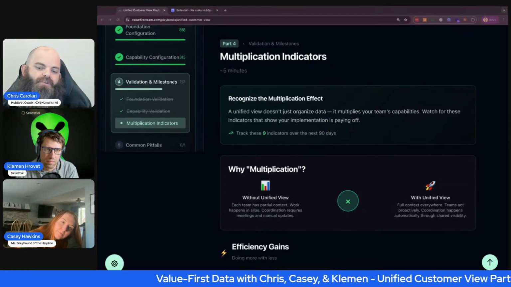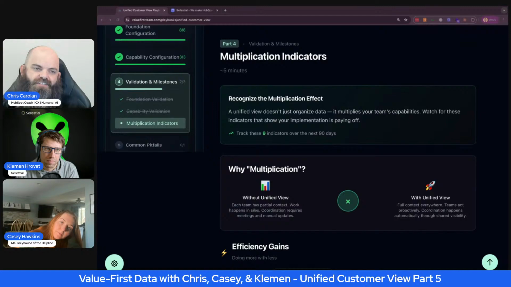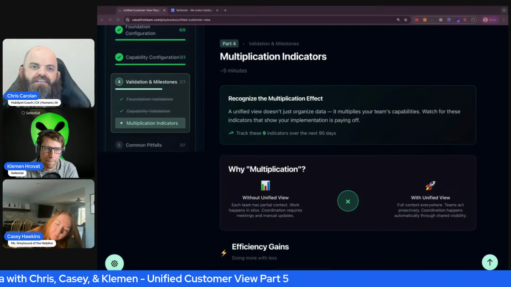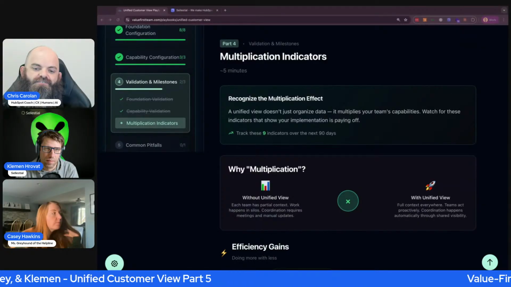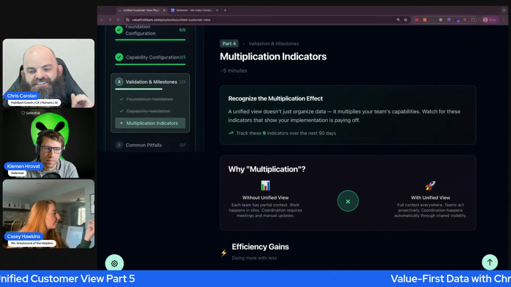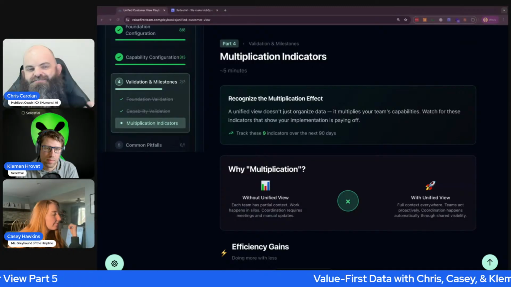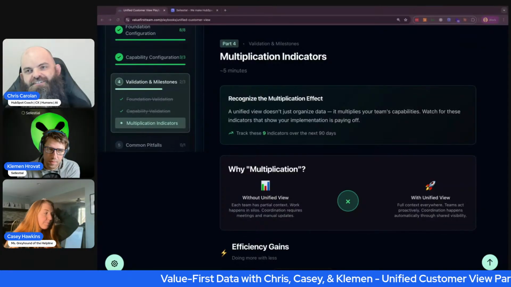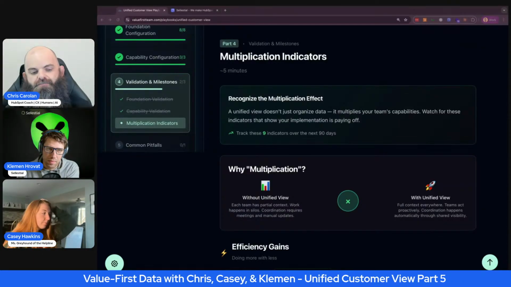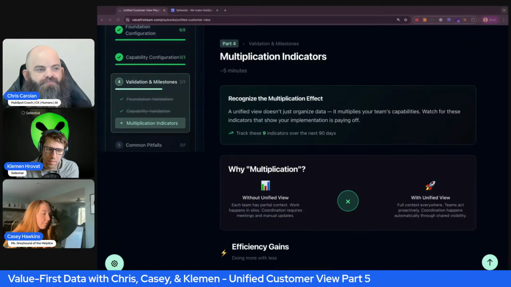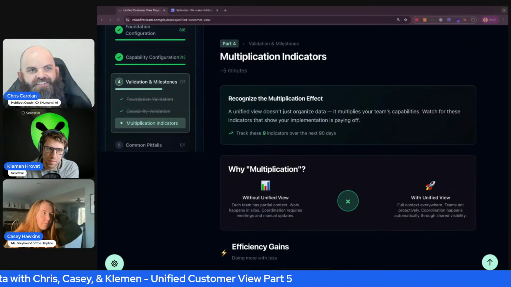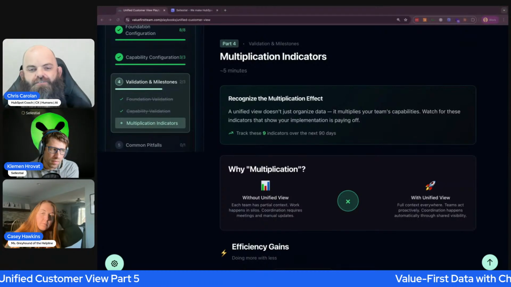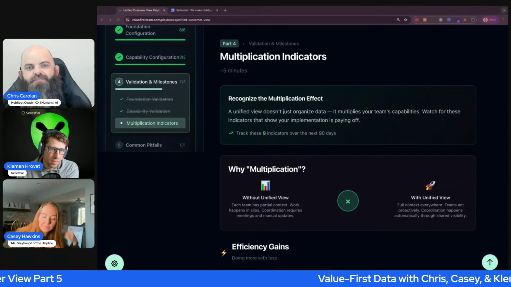But I'm seeing it more and more when you start to unify all the context together. People naturally get insights. So when we go through these multiplication indicators, and I'm open to a different phrase that describes what we're talking about here, we're really trying to confirm that we have adoption by understanding what to look for beyond, yeah, I go in there and I close my deals because that's how I get compensated.